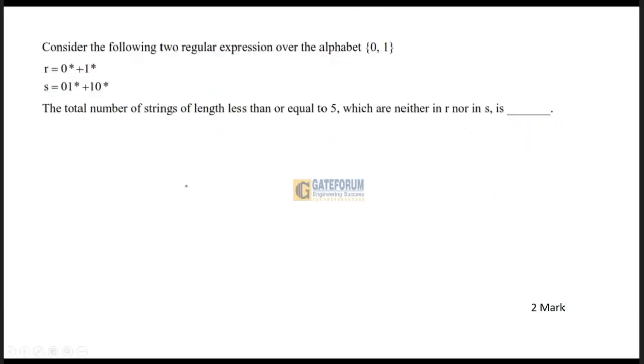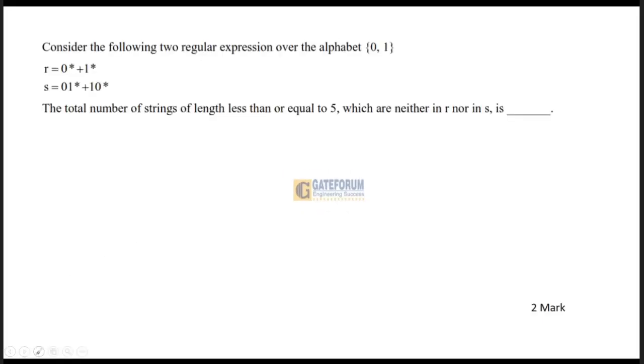The following question was asked from Theory of Computation and the topic is regular expression. This was asked for 2 marks as a NAT based question. The question is as follows. Consider the following 2 regular expressions over the alphabet 0 and 1, where R is 0 star plus 1 star and S is 0 into 1 star plus 1 into 0 star.